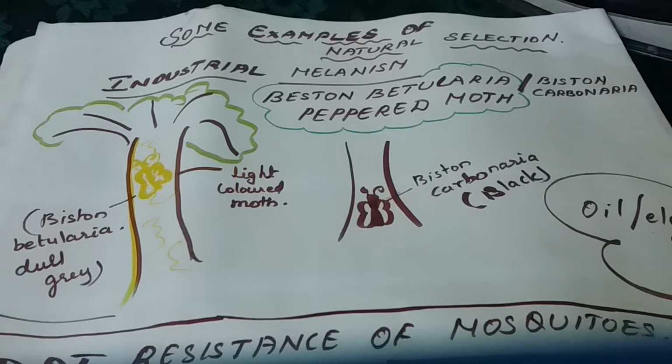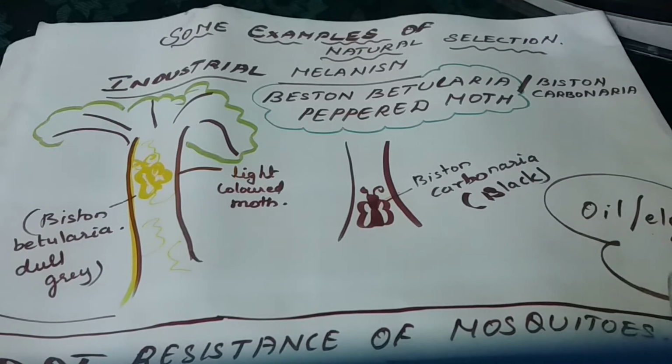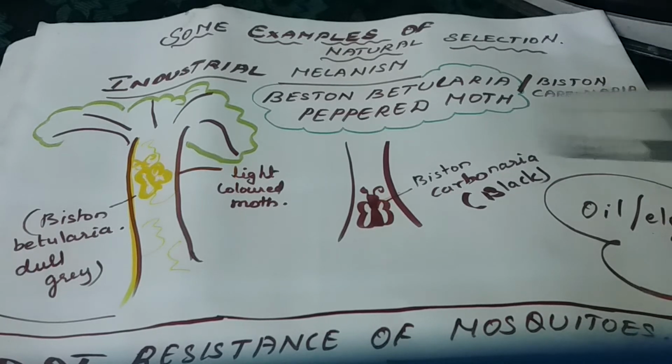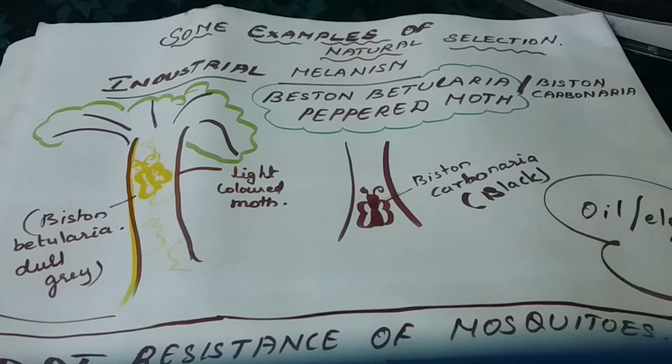Then what happened after the industrial revolution? After that, within 100 years this number increased. After that, they gradually stopped the usage of coal, and they used oil and electricity for running the industries.